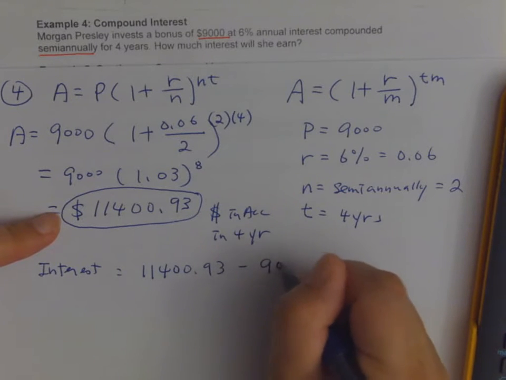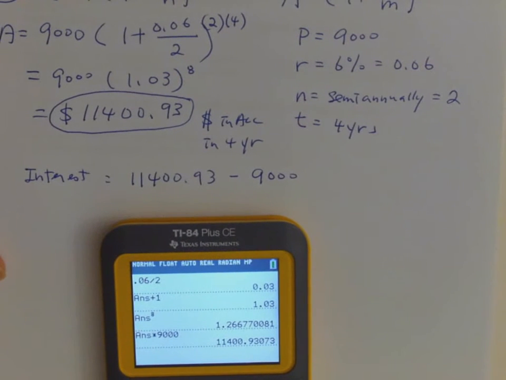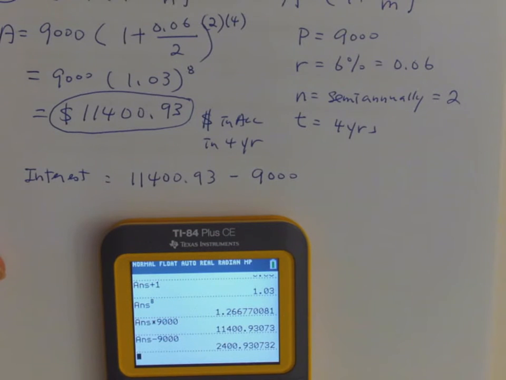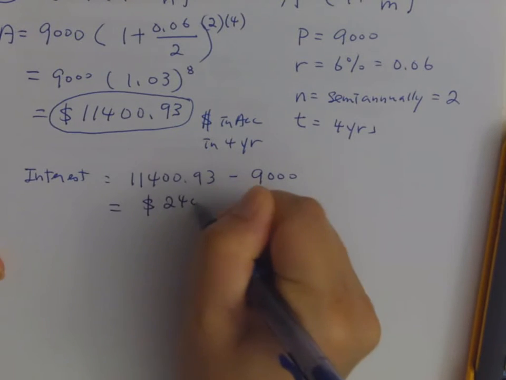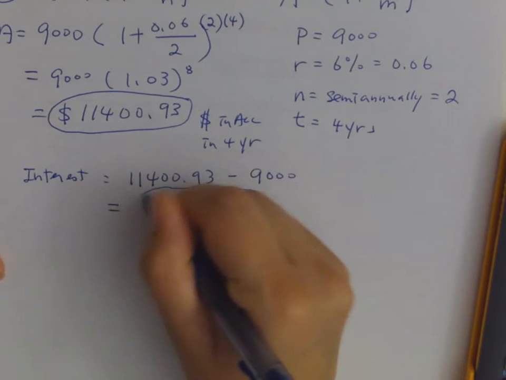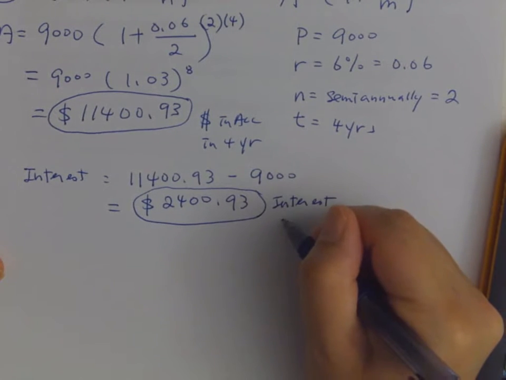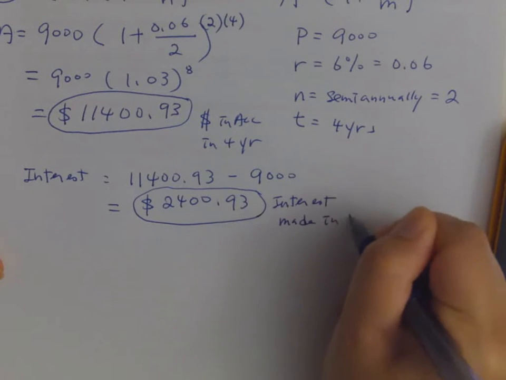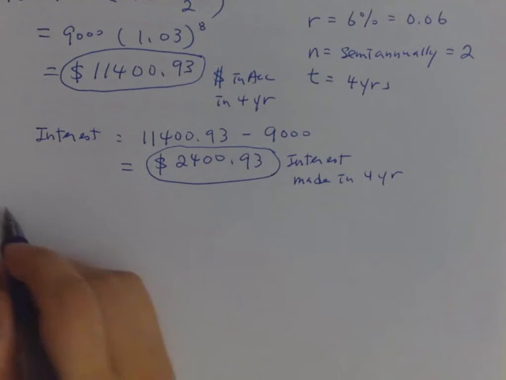The principal was $9,000, so whatever I have in my calculator, I just need to subtract 9,000, the principal we put in. So she makes $2,400.93 in interest, right? She did pretty well. So that's the interest made in 4 years. We did that in the other exam, so hopefully you still remember something like that.